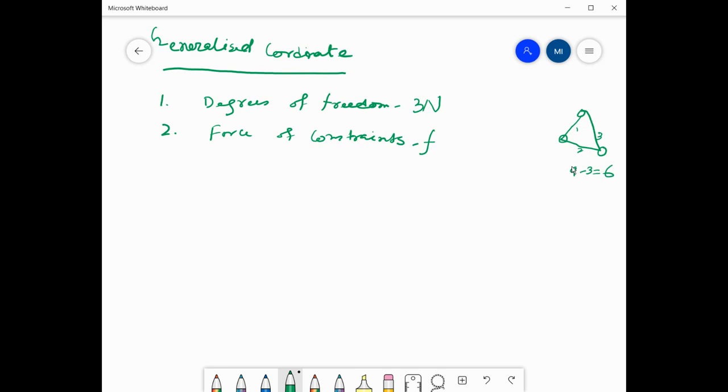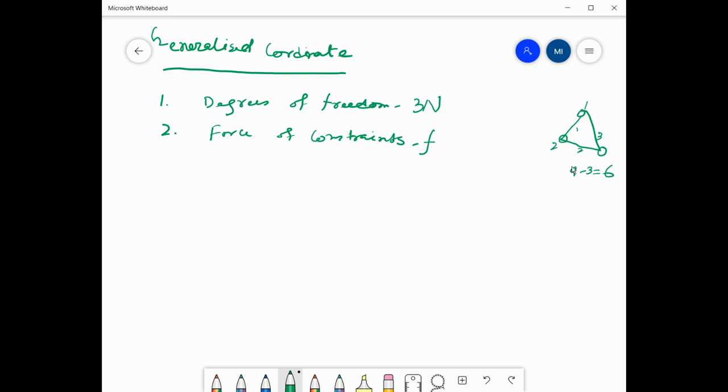So for a three particle system, the actual degrees of freedom is 3 into 3 equals 9. It is moving in a three-dimensional space. But if we impose a further restriction that the distances between the three particles are fixed, then there are a few conditions by which you can state this, and each condition means a relation between, say, number one square and number two square.